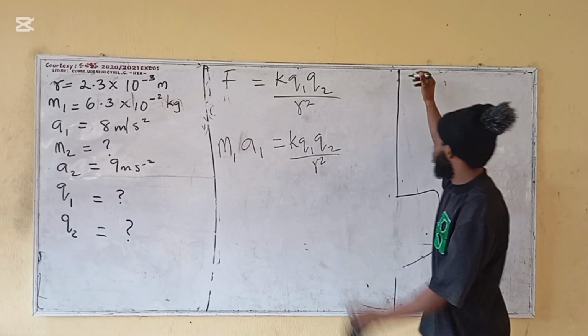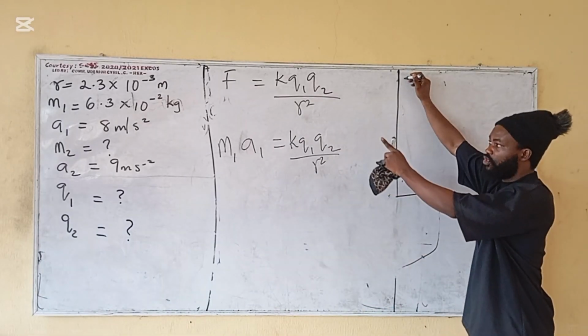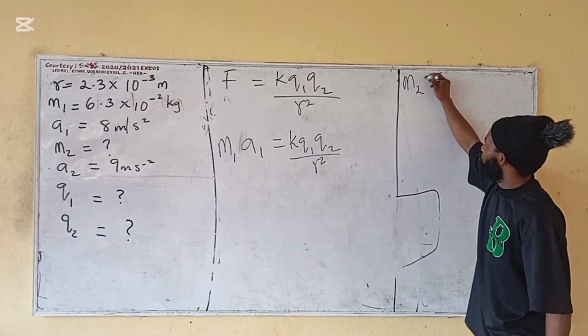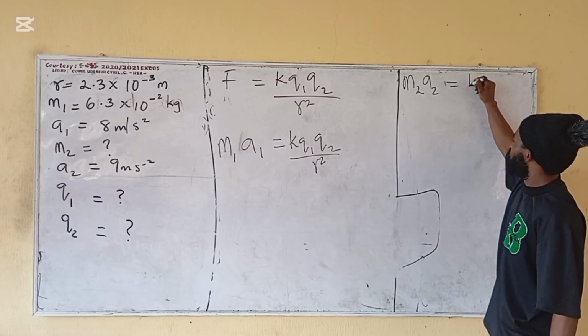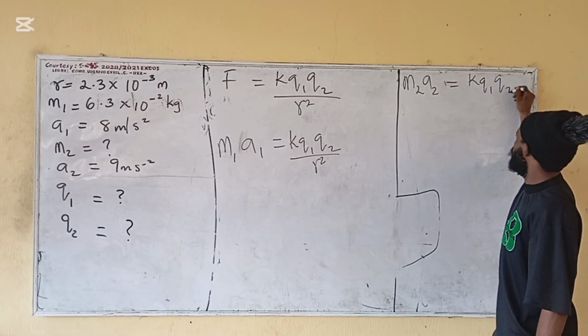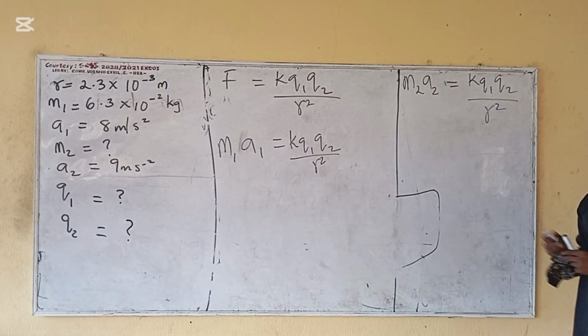Then they are telling me again that this force also has M2A2 equal to KQ1Q2 over R squared. Very important to note.